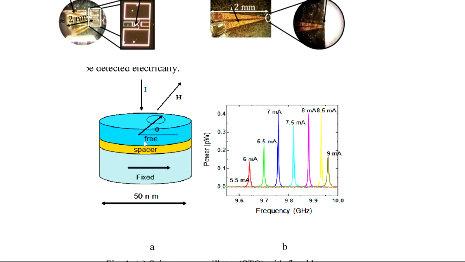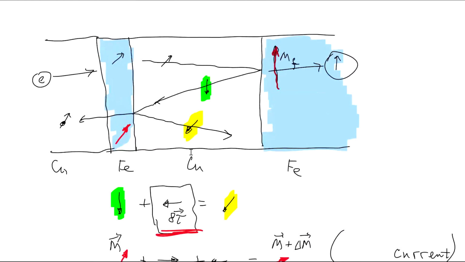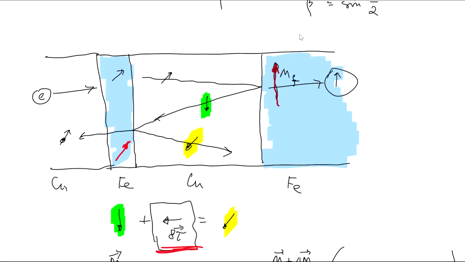And of course, on top and on the bottom, there are 2 contacts used to drive currents. So these 2, this would be called fixed, and the magnetization would be fixed in a certain direction, and that would be a free layer.